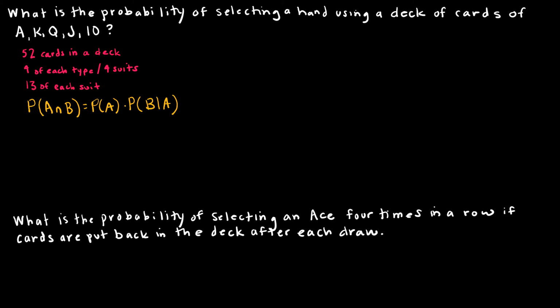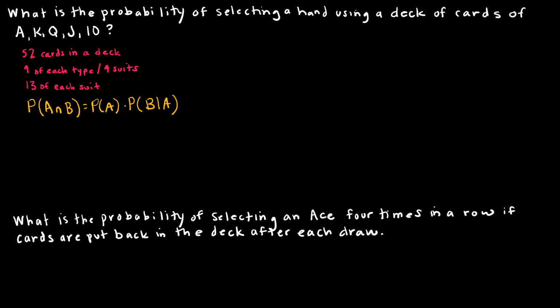We're going to take a look at a couple of probability questions now involving a deck of cards. If you've never picked up a deck of cards before, you probably don't know the little facts that I've written in pink. And if you have, you're like, duh, I already know all of this. But let's just make sure, for the people who maybe have never played cards before, there are 52 playing cards in a deck.